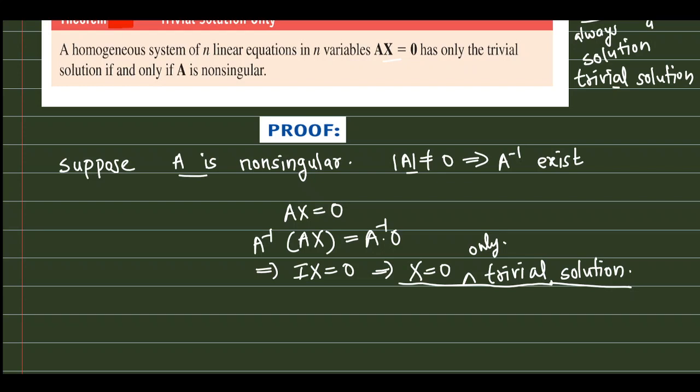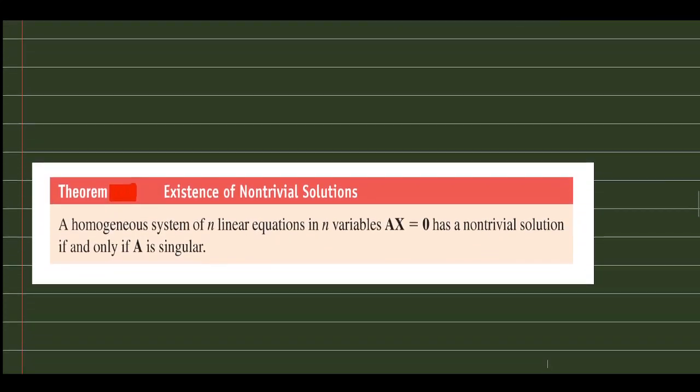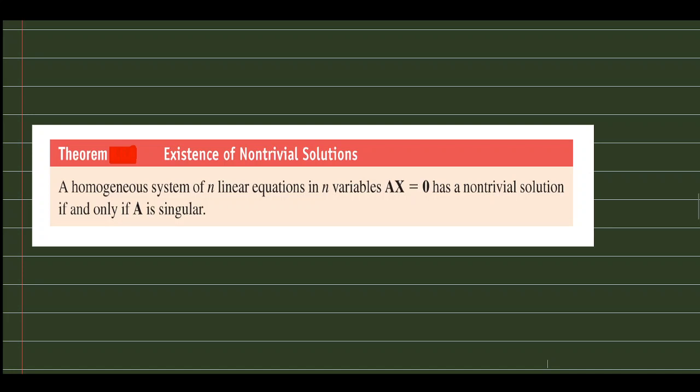Now this is explained by the next theorem, which is about the existence of a non-trivial solution. It says that a homogeneous system of n linear equations in n variables Ax equal to 0 has a non-trivial solution if and only if A is singular.